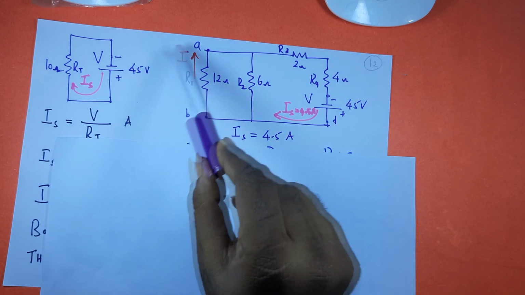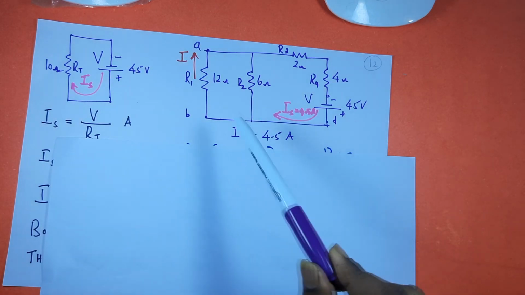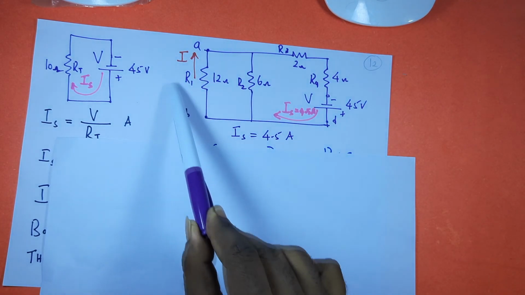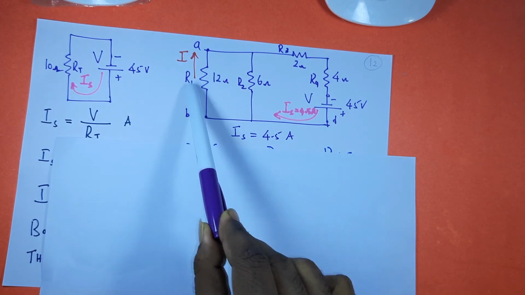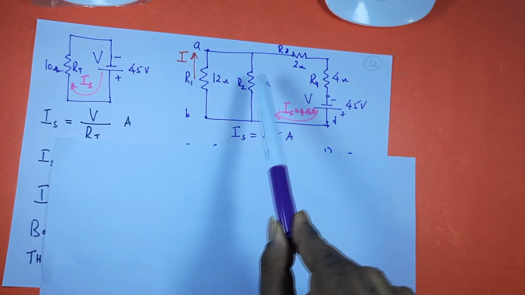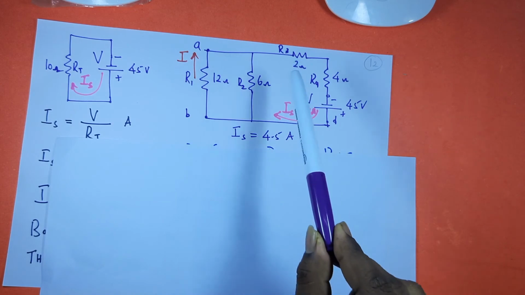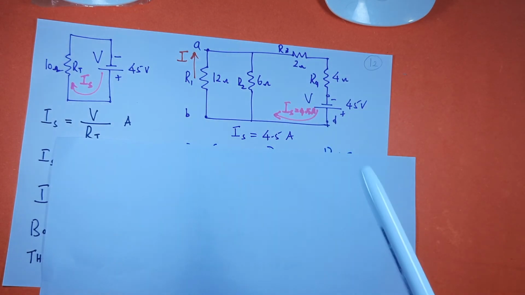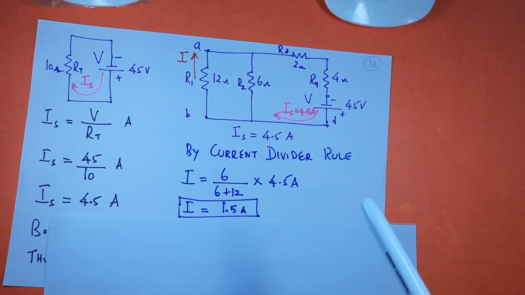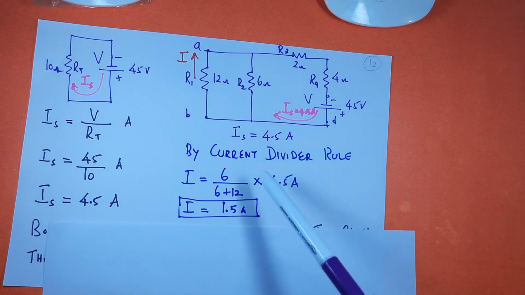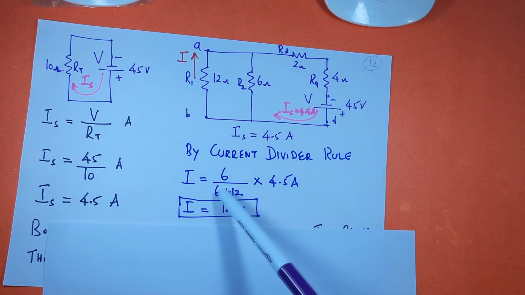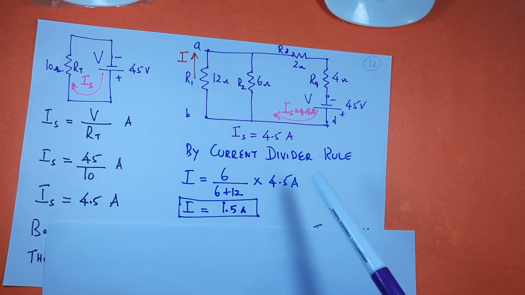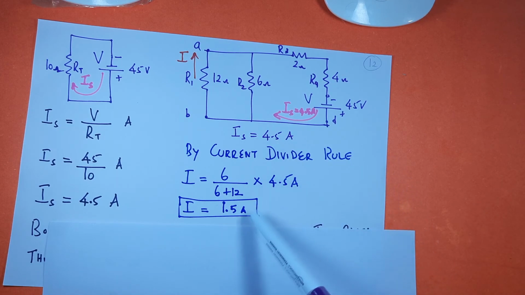So to find this current, you apply the current divider rule. That means to find the current through this R1, opposite resistance divided by sum of resistors multiplied by source current. By current divider rule, I equal to 6 divided by 6 plus 12 into 4.5 ampere. So if you simplify this, I equal to 1.5 ampere.